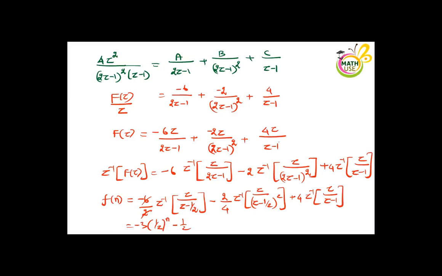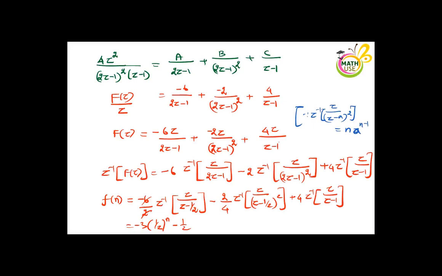The formula is z inverse of z by (z − a) the whole square, which is equal to n into a power n minus 1.